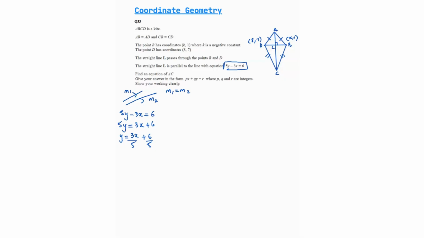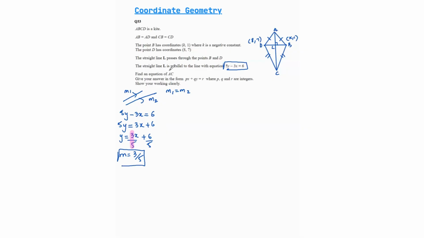This thing over here is your gradient. So m equals 3 over 5. Remember, the coefficient of x is always the gradient. The constant is the y-intercept.